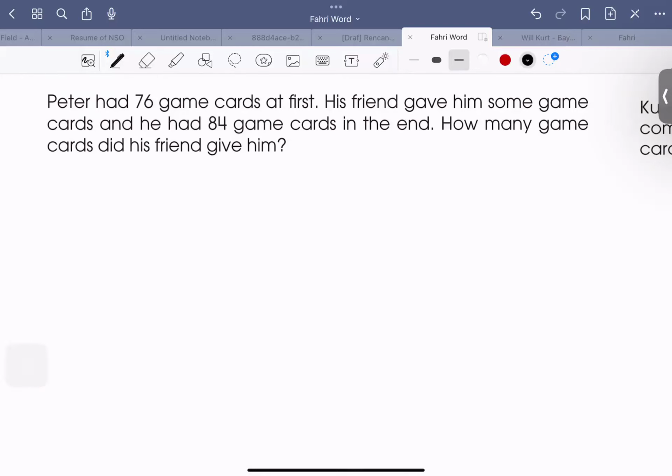So in the beginning, Peter had 76 game cards. His friend gave him some game cards. We don't know the number, but someone gave him. That's why, in the end, Peter will have 84 game cards.